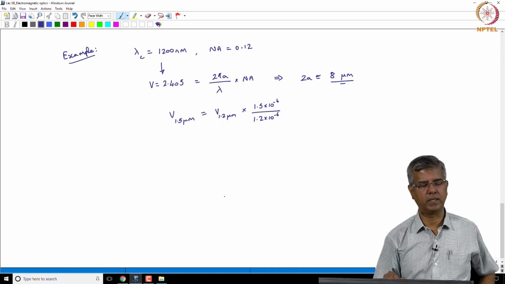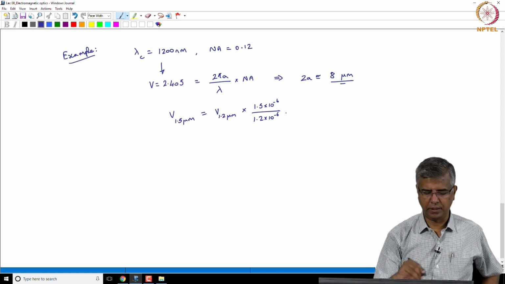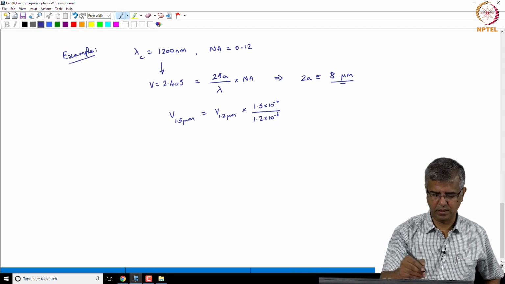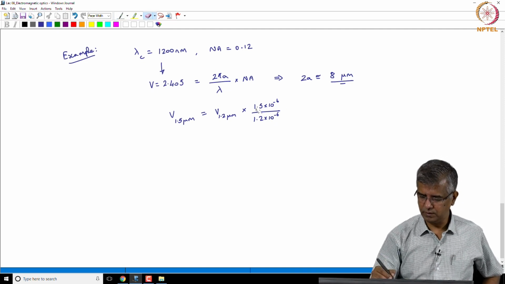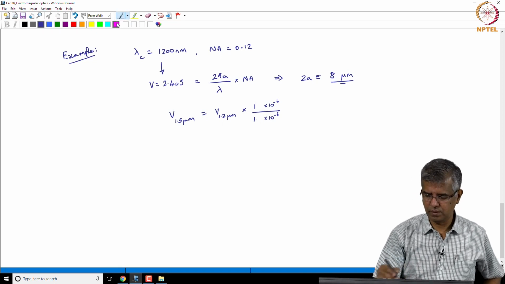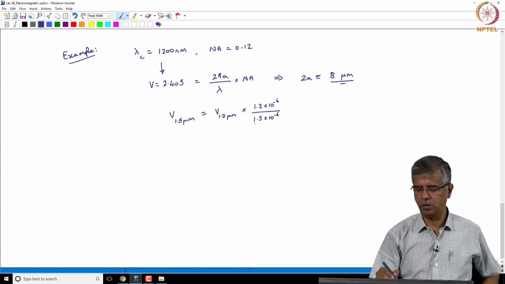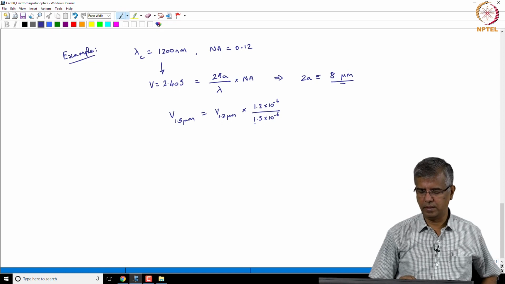So, we put the corresponding wavelength over here. So, sorry, made a mistake here, it is the other way around. So, this should be 1.2 and this should be 1.5, right.